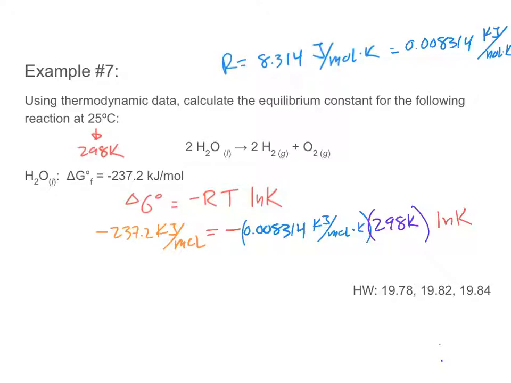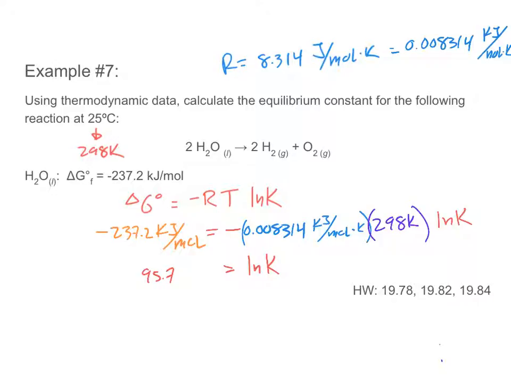So when I calculate all that all the way through, I end up with natural log of K equals 95.7, with no unit because kilojoules cancels out, moles cancels out, and Kelvin cancels out.